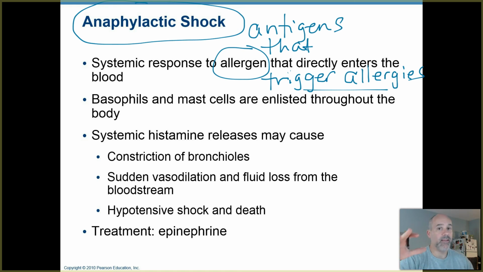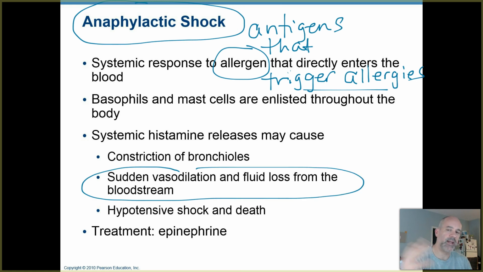And that allergen that's provoking the allergic reaction has spread all across your whole body, and one of the things that gets stimulated with inflammation is vasodilation. And so that sudden vasodilation and the fluid loss from the bloodstream leads you to develop severe hypotension.